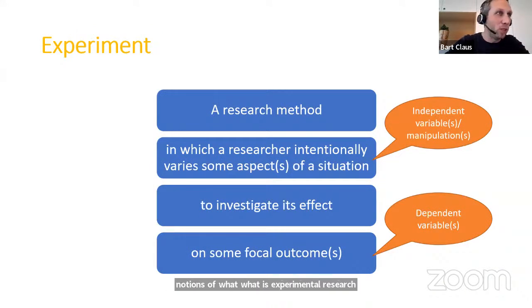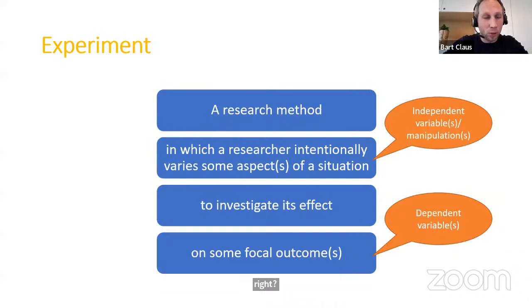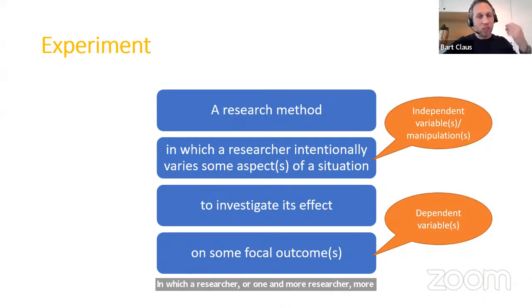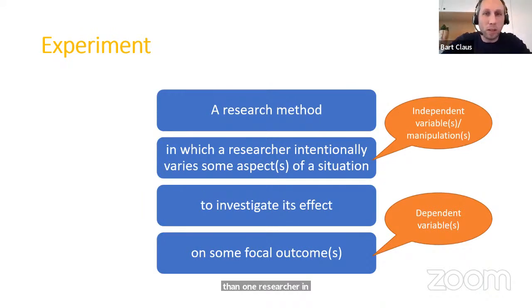But it's interesting to know that there are these two notions of what is experimental research. So what experimental research is to me, and for the purpose of this session, is a research method, right, in which a researcher or more than one researcher intentionally varies some aspect of the environment in which there are certain subjects that are being observed, right?